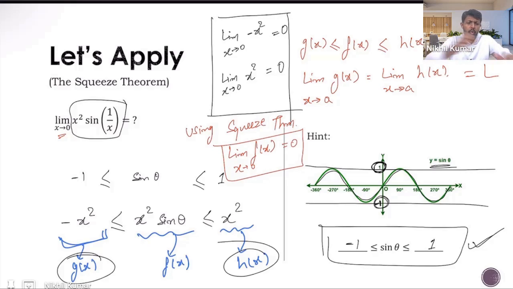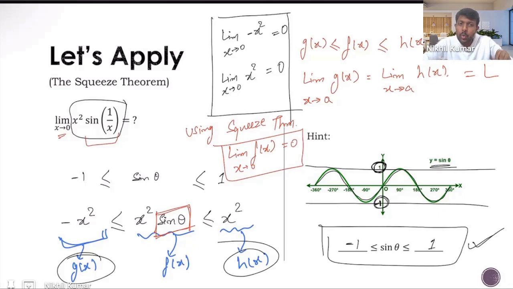Now, some of you will notice one thing, that the function looks a little bit different from what is originally there. So here I have sine of 1 upon x, whereas here I've taken sine theta. Doesn't matter. Basically, this says if you take sine of anything, it is still bounded, right?